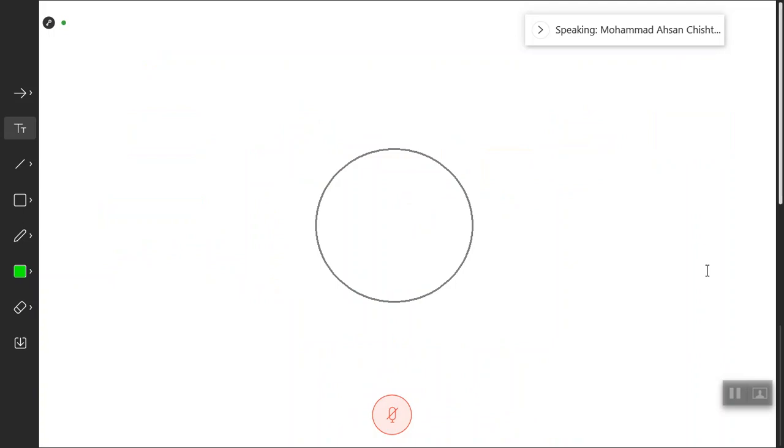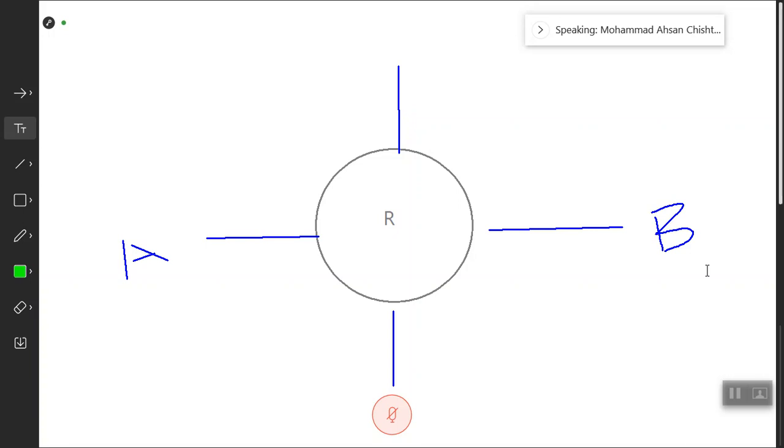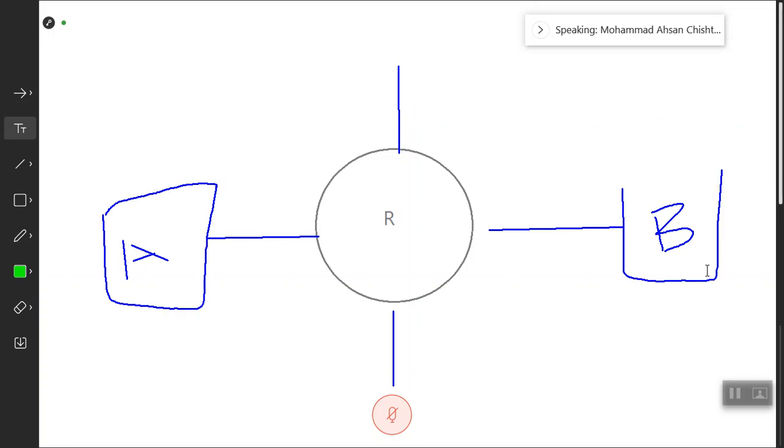I'll term this as R. And this router would have different links connected to it. Let's say one link, second, third, and fourth. Like you are here A, and then B. So this is one node and this is another node.